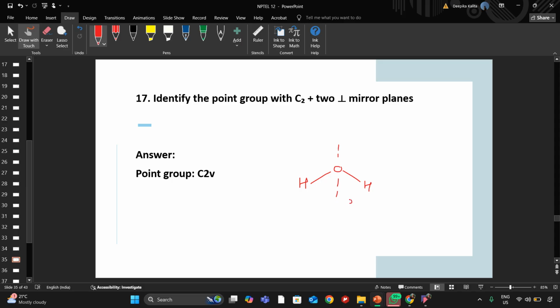There will be one C2 axis of symmetry and two sigma v planes of symmetry, which will be containing the C2 axis. Hence, the point group is C2v.